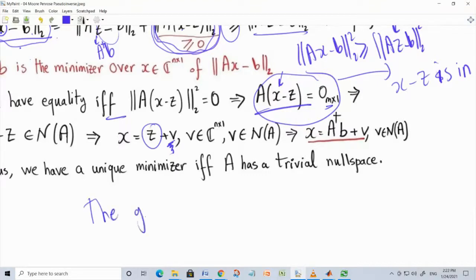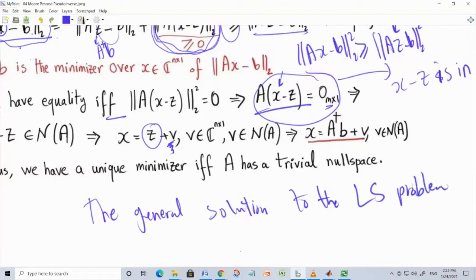So the general solution to the least squares problem is the pseudo inverse of A multiplied by B, and then you can add any vector living in the null space of A. You have a unique solution to the least squares problem if the null space of matrix A is only the all-0 vector, the trivial null space.